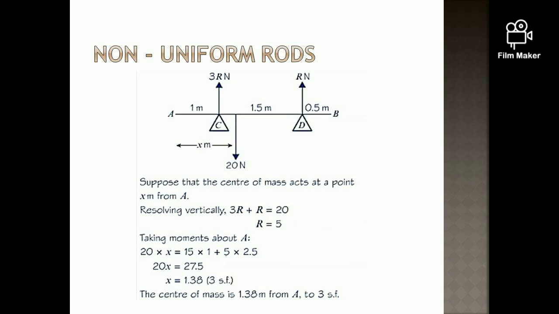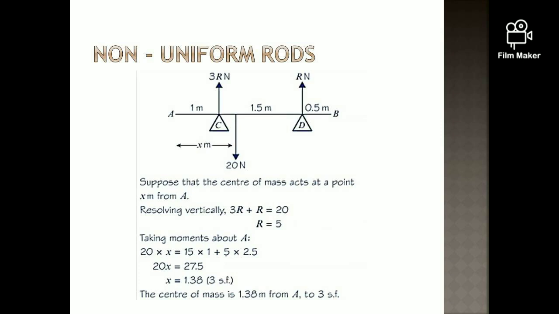Then I'll consider the moments around A. If you consider the moments around A, the clockwise moments equal the anti-clockwise moments. One component of clockwise moment, that is the moment due to 20 newtons or the weight of the rod, is x into 20, equals to anti-clockwise moment 1 into 3R plus 2.5, that is 1 plus 1.5, 2.5 into R. Now we know the value for R. R is how much? 5.